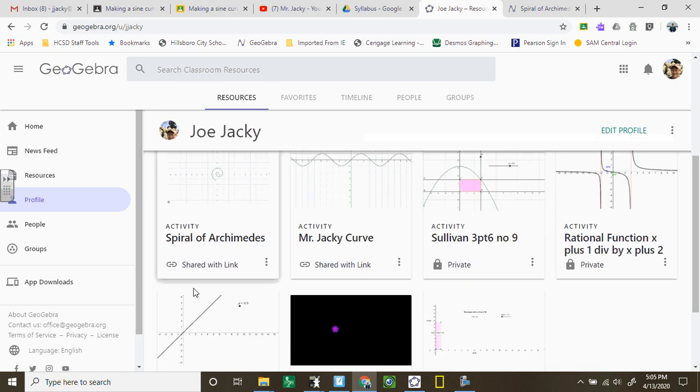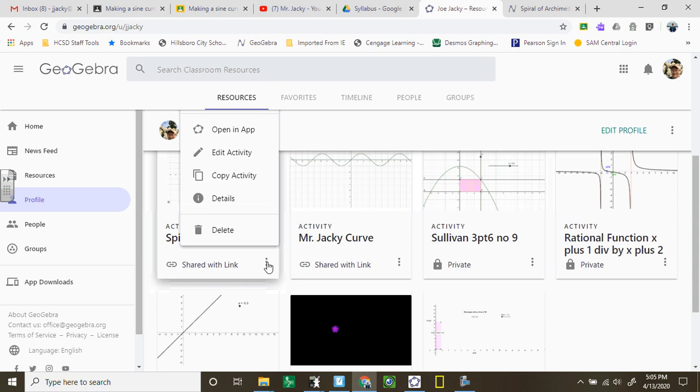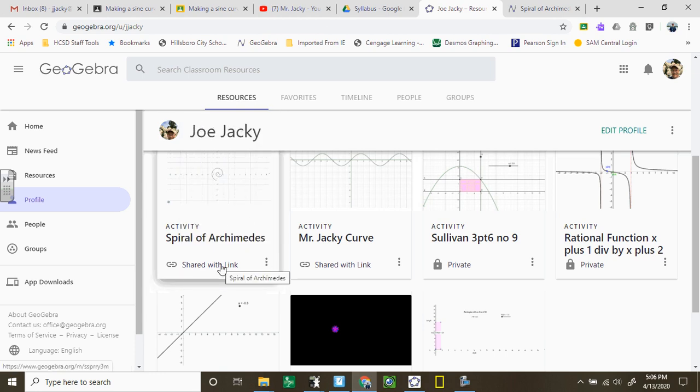There it is, Spiral of Archimedes. So I want you to then right click, or not right click, but hit the three dots, and then share with link. There we go.